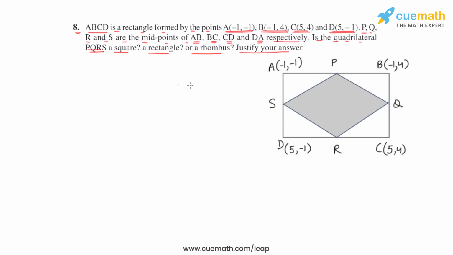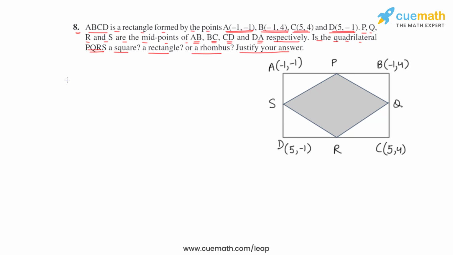First we will find the coordinates of P, Q, R and S, then we will find the sides PQ, QR, RS and PS using the distance formula. If it has the same sides, it will be a square or a rhombus, and then we will find the diagonals also to confirm which type of quadrilateral it is.